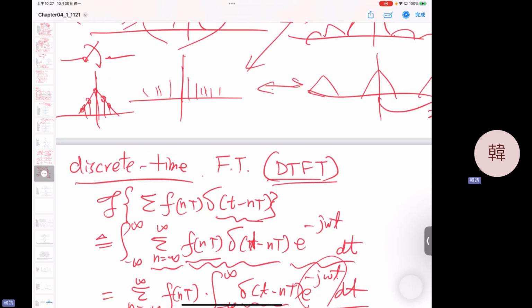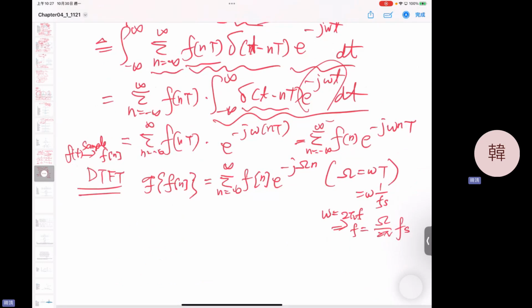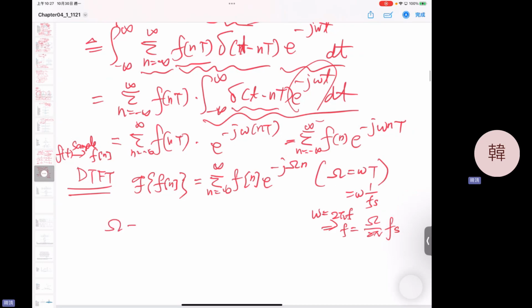And actually, every 2 pi, if you see this one, if you repeat the signal in the Fourier domain, omega plus 2 pi, what's the result? Omega plus 2 pi. Okay, so we know we have the F of omega here, right? F of omega. So how about F of omega and omega plus 2 pi? What's the relationship between these?